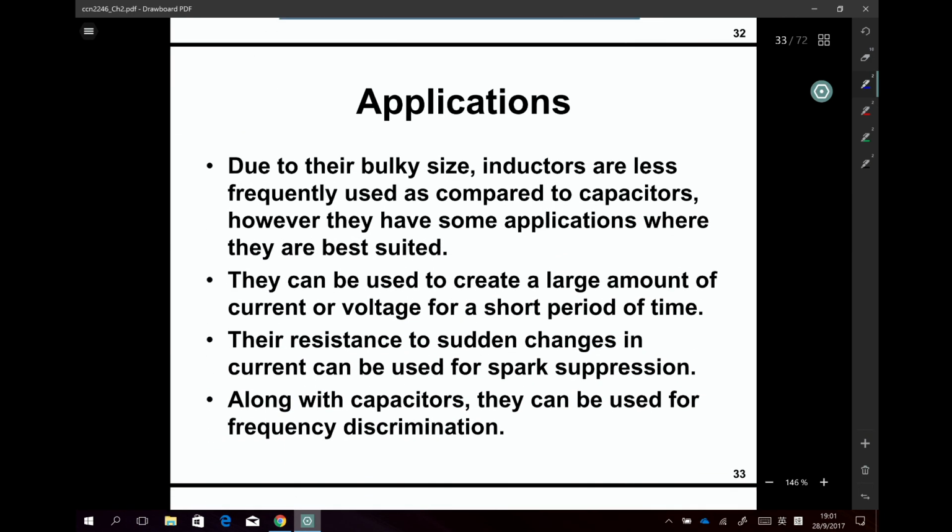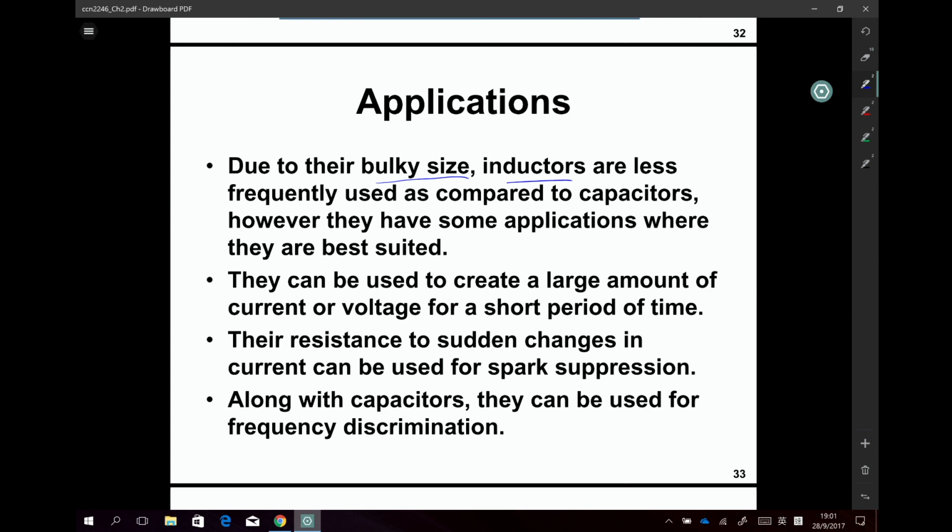Now for the application of the inductor and capacitor, we give you some points here. Nowadays most of our electronic devices, we seldom have inductor because they are bulky in size. They are very large. Therefore, we make use of the capacitor to replace the inductor.